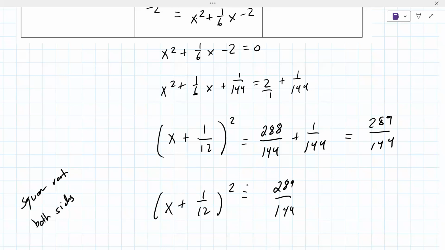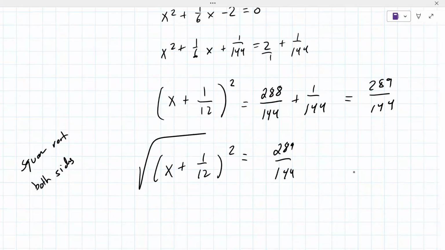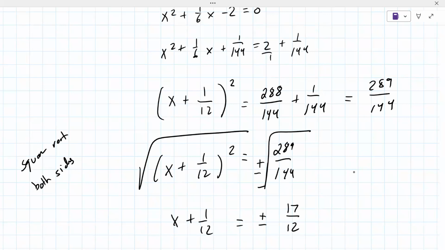Are you caught up here? Yeah. All right, so square root of both sides is plus or minus. So it's x plus 1/12 equals plus or minus 17 over 12.